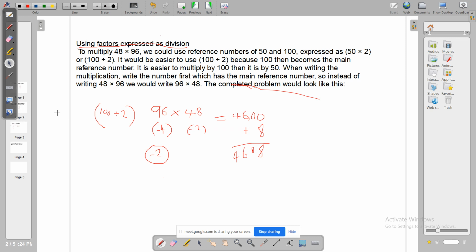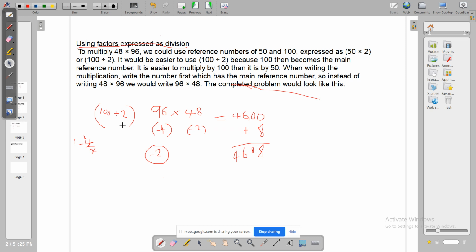So we have here minus 4 divided by 2 will give us minus 2. That's why, because we are dealing with division, here it should be division. If it's multiplication, you multiply, but now it's division, so you divide. So now we have here minus 2.